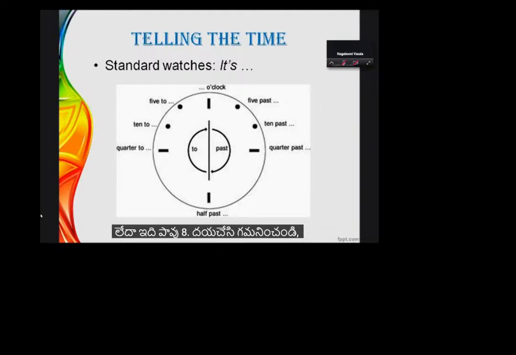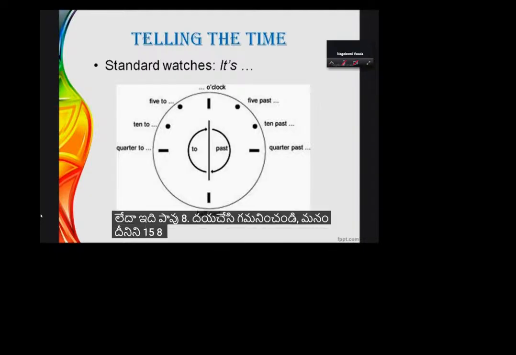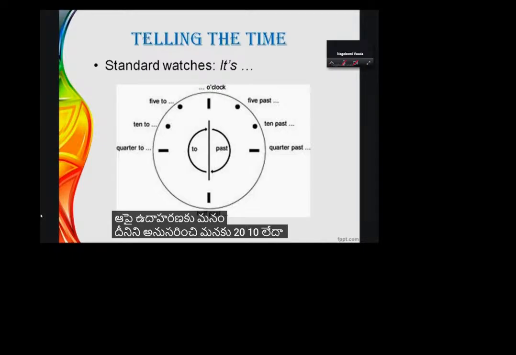Please notice that we don't say it's 8:15 in the digital way, but a quarter past eight. And then, following this, we could have 20 past or 25 past.